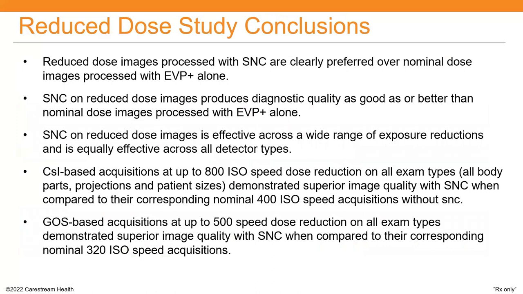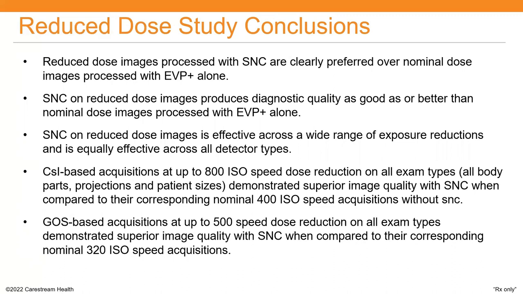So the conclusions of the reduced dose study are that reduced dose images processed with SNC are clearly preferred over the nominal dose images processed with EVP Plus alone. The diagnostic quality of reduced dose images with SNC are as good as or better than nominal dose images processed with EVP Plus alone.